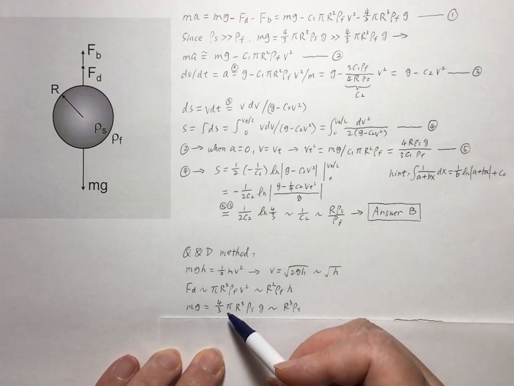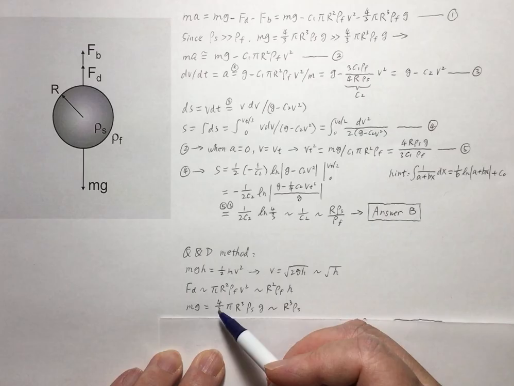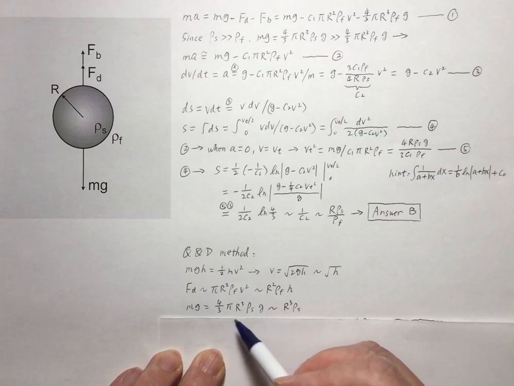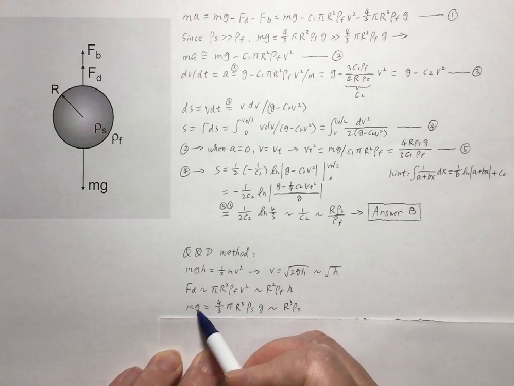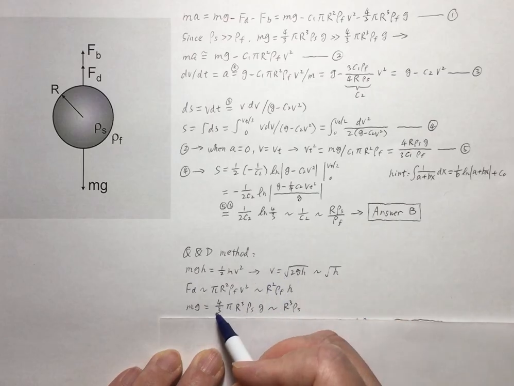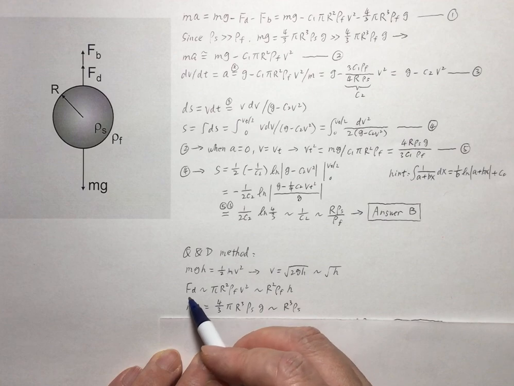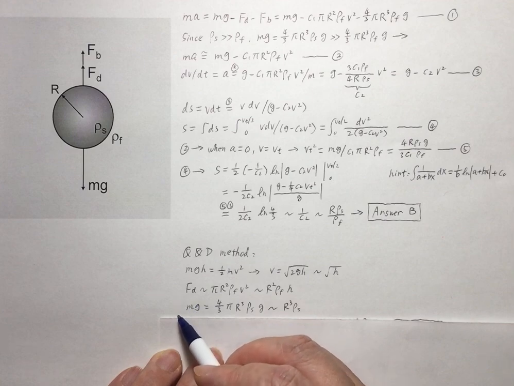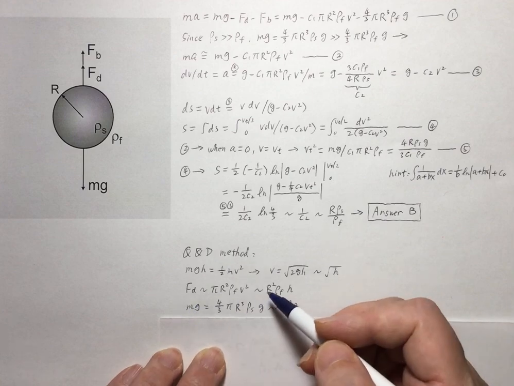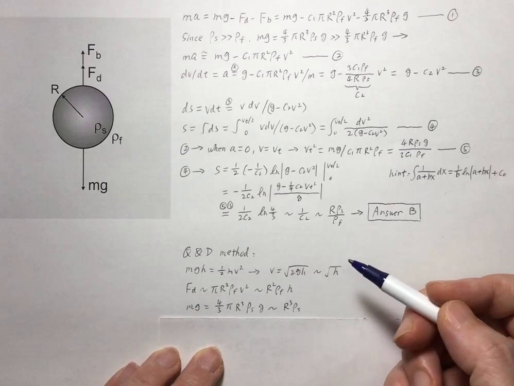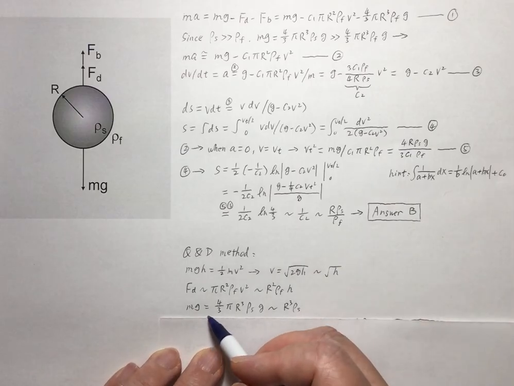So when the sphere is approaching the terminal speed, mg will be about equal to this drag force.